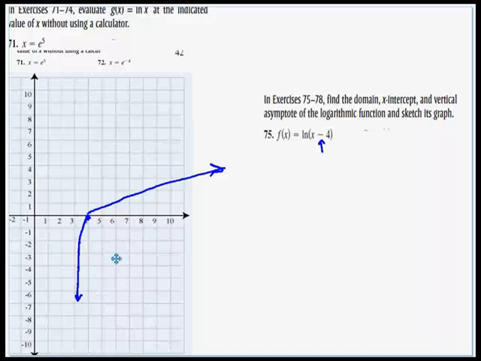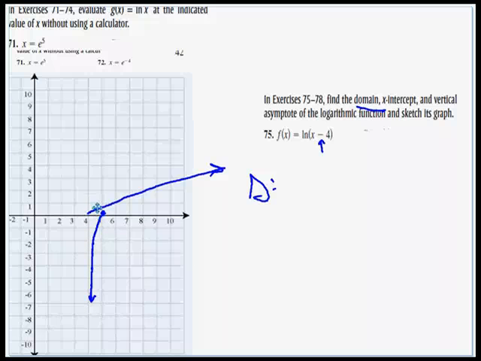So they want us to find the domain. The domain is usually 0 to infinity, but everything got shifted over. It got shifted over 4 spots, and actually I should have gone over farther. My x-intercept was 1, 0, and that got moved over 4 units, so that should now be over at the 5.